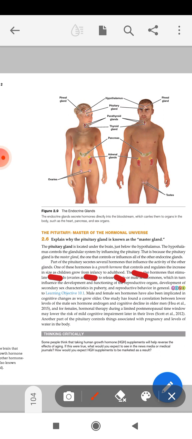secondary sex characteristics which develop after puberty, such as masculine characters in males and feminine characters in females. What are these feminine and masculine characters?